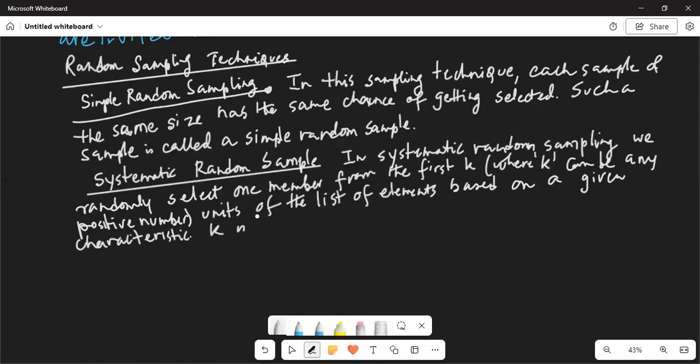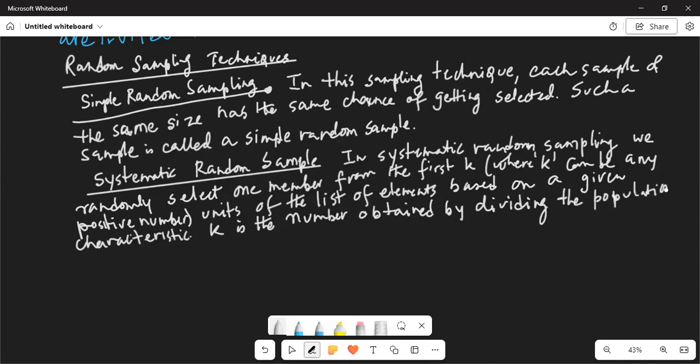K is the number obtained by dividing the population size by the intended sample size.